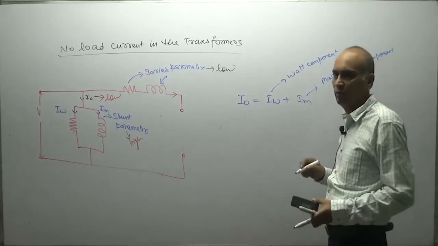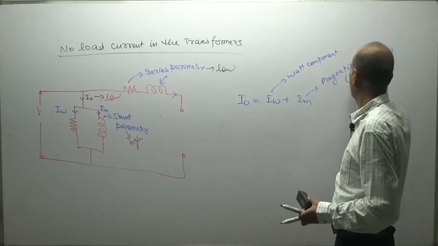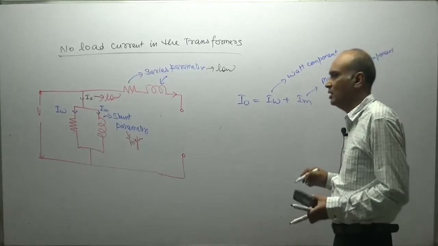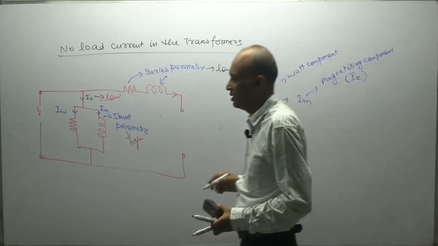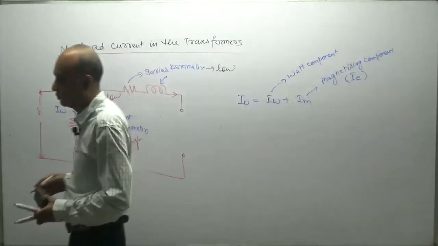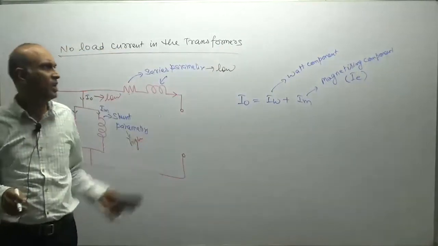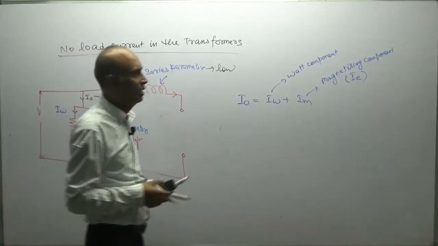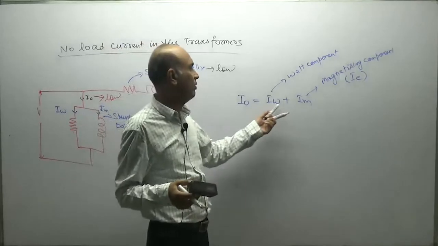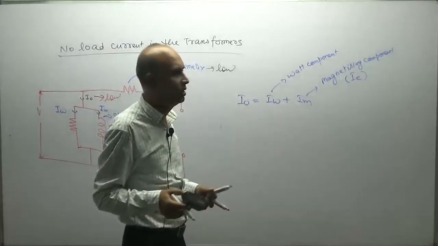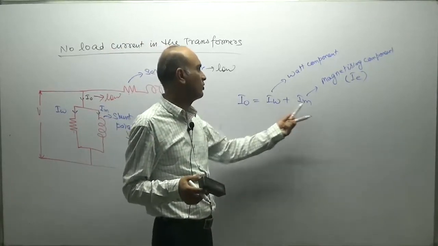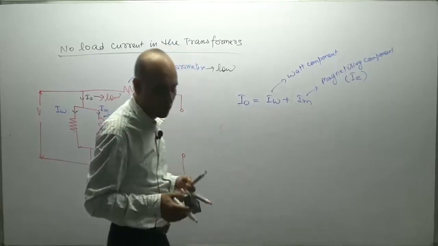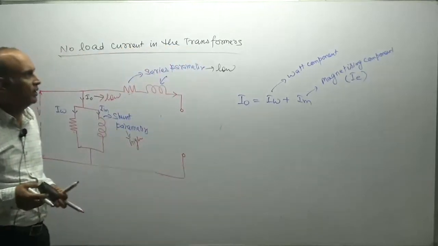In some books, you will find that it is written as IE. IE means exciting component. So IM and IE are the same, and these are all vector quantities. So the vector sum of this one and this one will be the no load current, right.